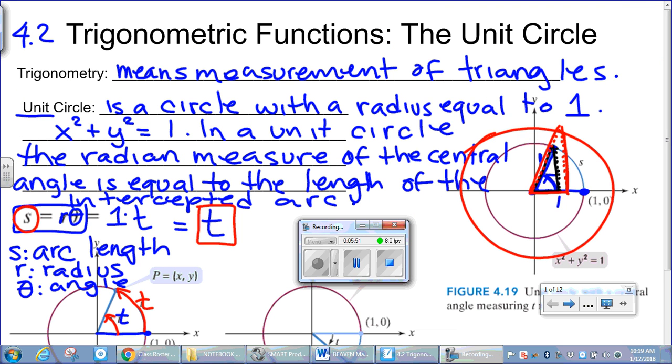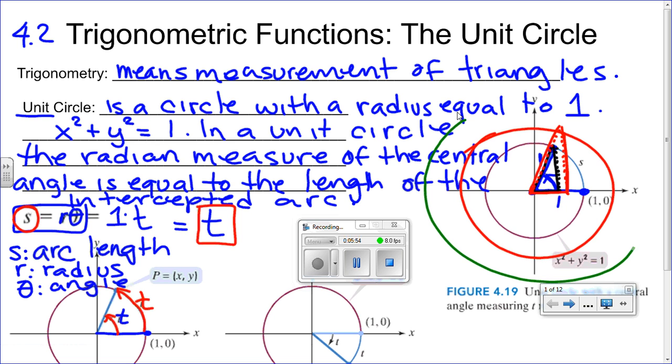So let's draw one more circle. And if I extend the radius, it's not 1 anymore. However, now the green triangle, the red triangle, and the black triangle are all similar, right?